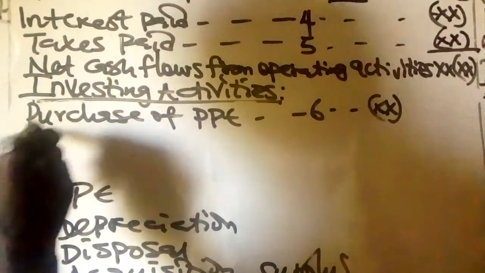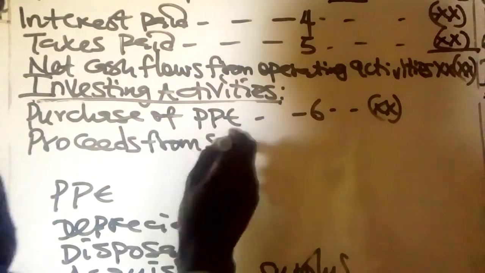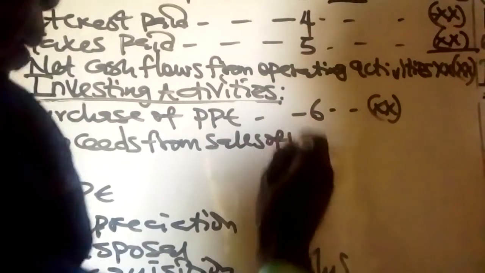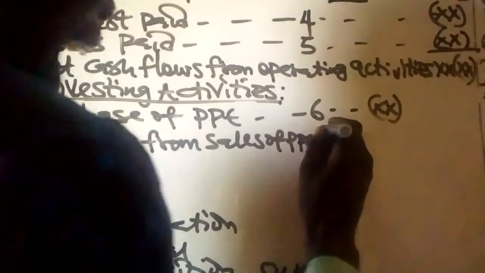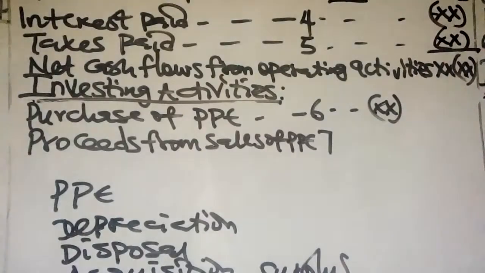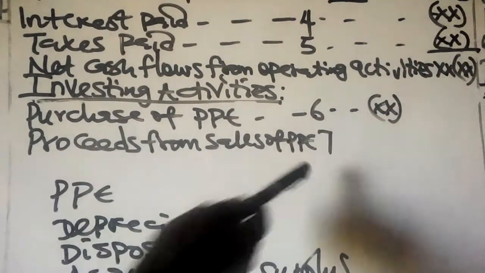Proceeds from sales of PPE may be given in the note and it may not be given. Where it is not given, then you are going to calculate it like this.